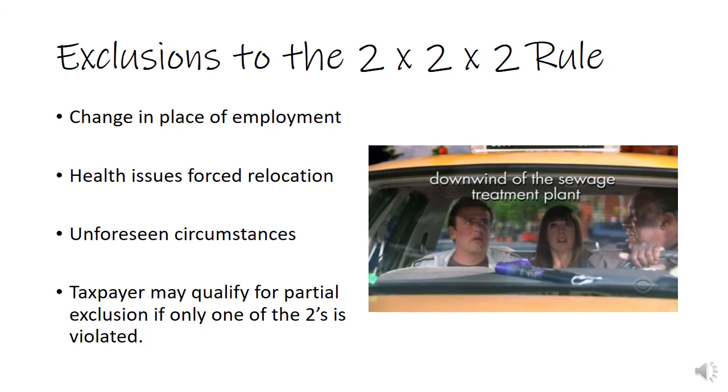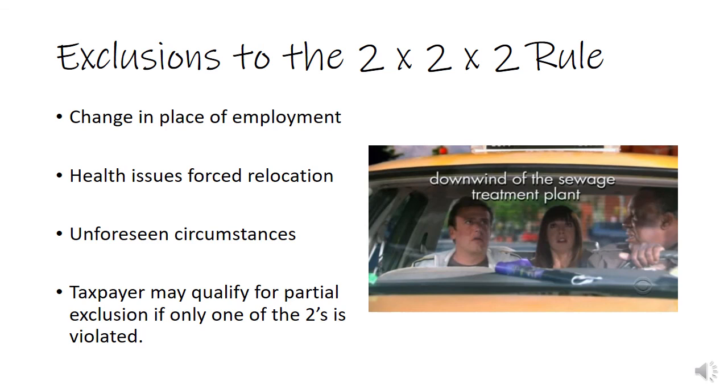The first of those circumstances would be a change in the place of employment. If the taxpayer's commuting distance increased by more than 50 miles, they're justified in selling their home and ignoring a portion of the gain on that home.